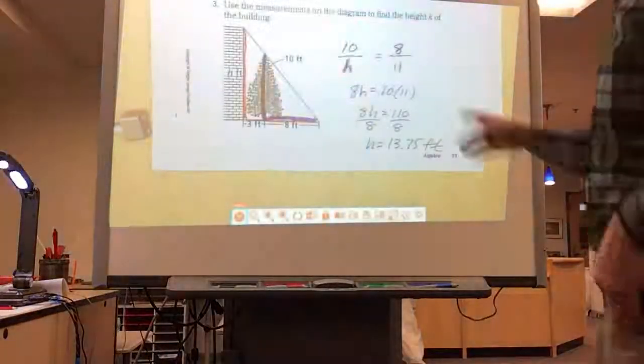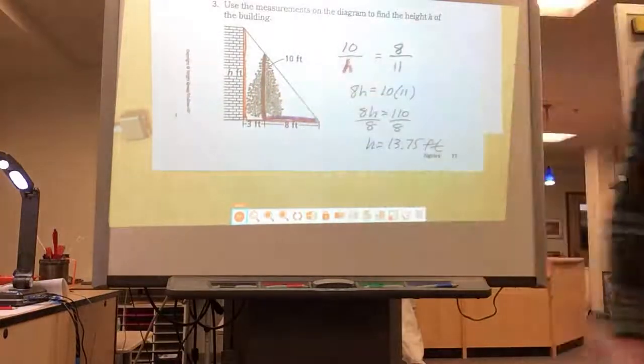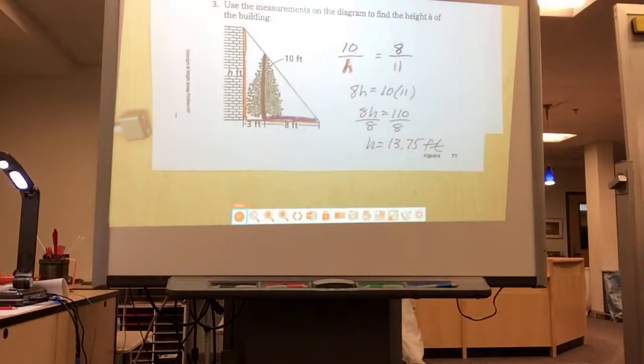So when we write up a proportion like this, we can be thinking of that as a ratio of similitude. It's just another way of naming this comparison of these corresponding sides.